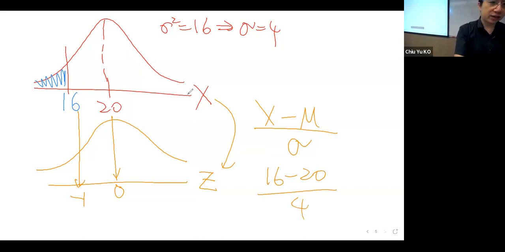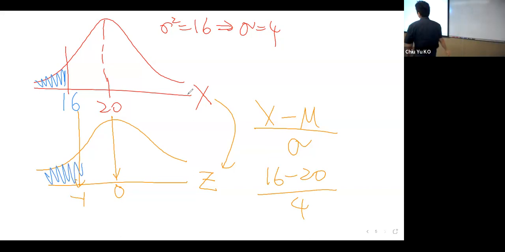So the blue area is this one. What we need is the area below -1, then we're done. Is that clear? Let's look at the table, because that is what we need.